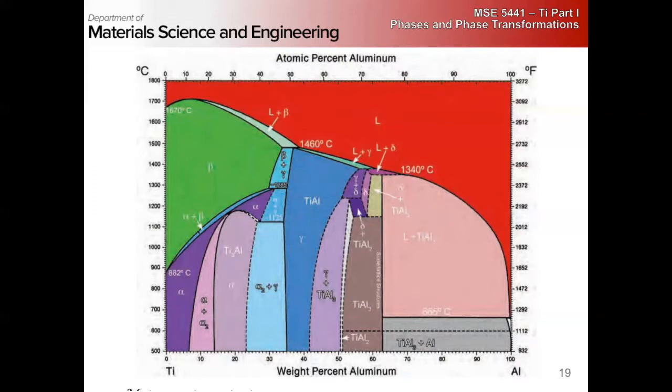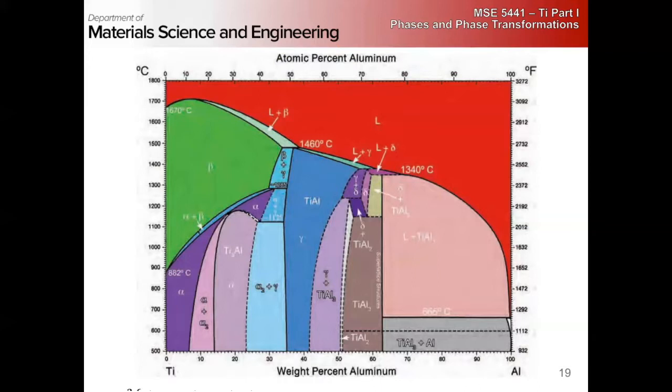That's alpha 2. Yeah. So omega doesn't appear on here. You get other phases like this delta phase.